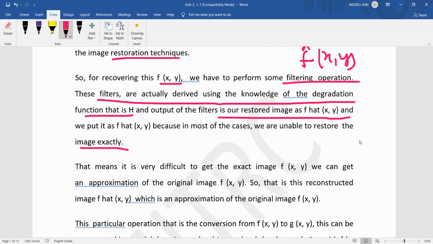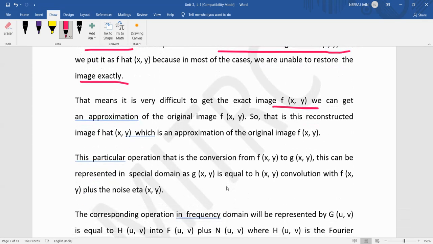It is very difficult to get the exact image f(x,y). Achieving this is quite a problem.